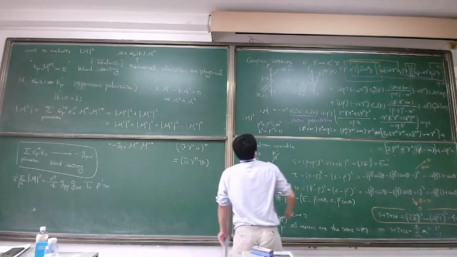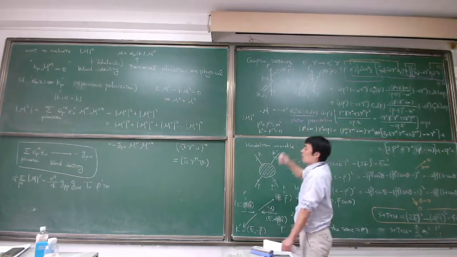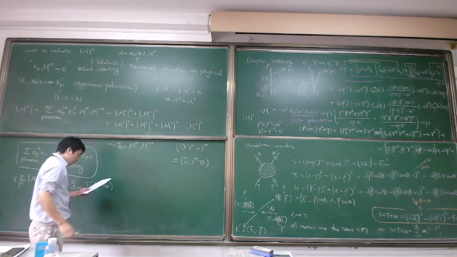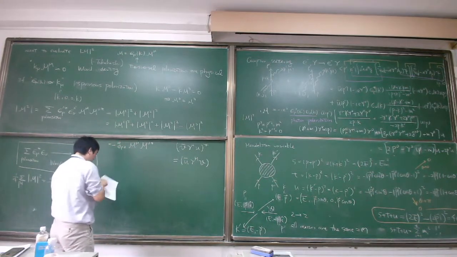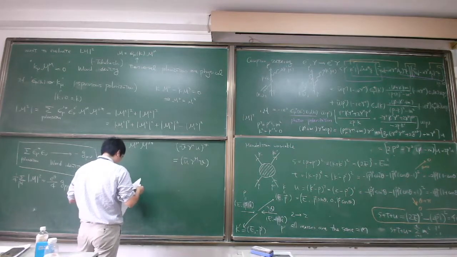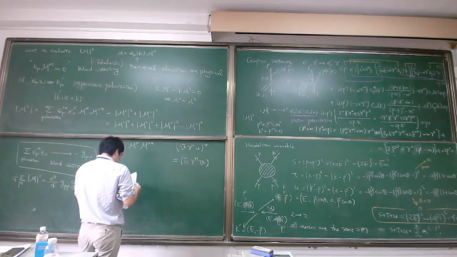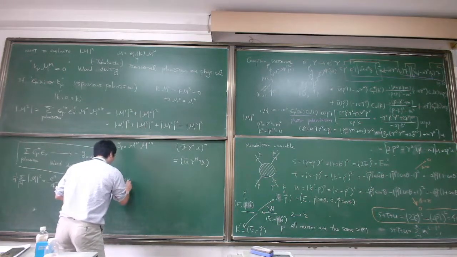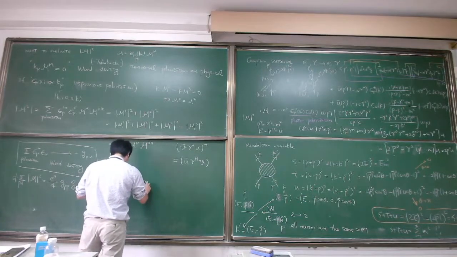At the end of the day, this factor will give you the propagator like this one, and a trace. In the middle, you have the identical factor, gamma mu, gamma mu, plus 2 gamma mu.